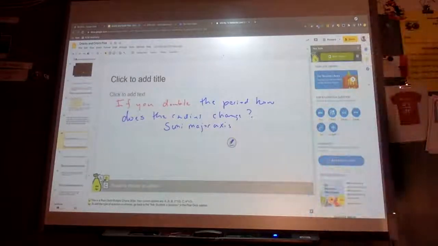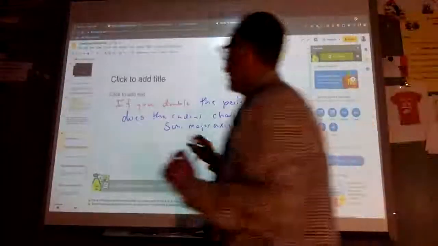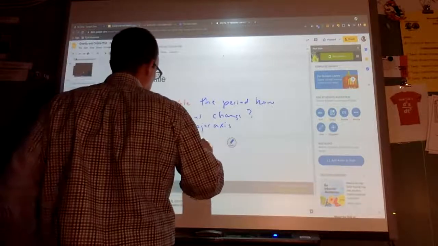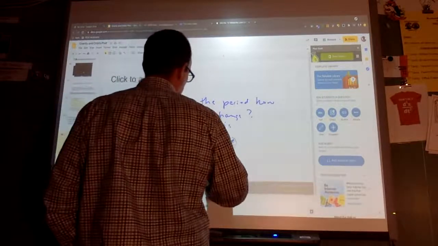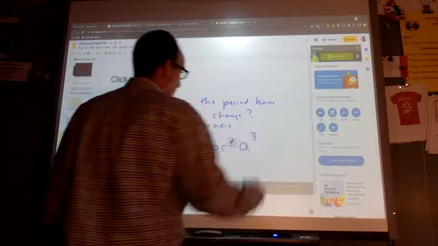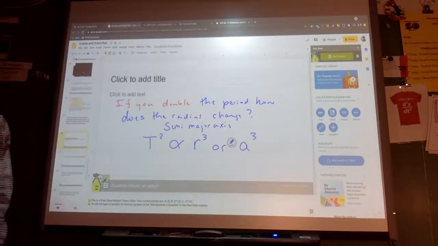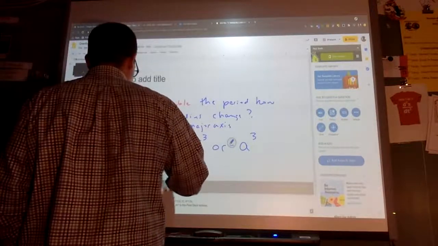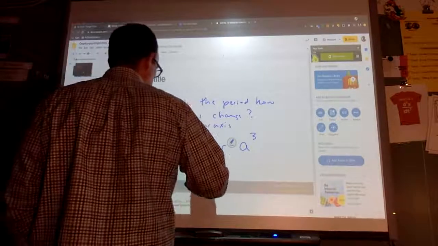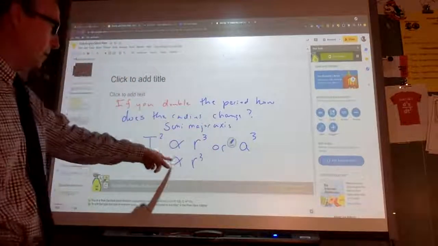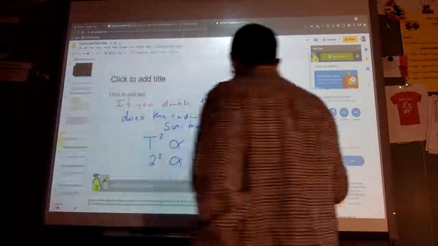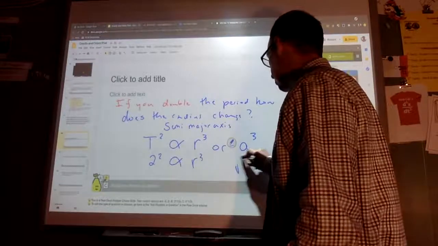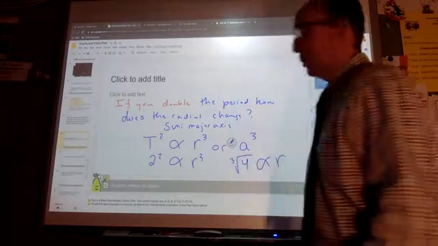So looking at our proportion, we know that T squared is proportional to R cubed, or the semi-major axis cubed. And so if I am doubling T, I have that 2 squared is proportional to R cubed, and so R would be proportional to the cube root of 4.